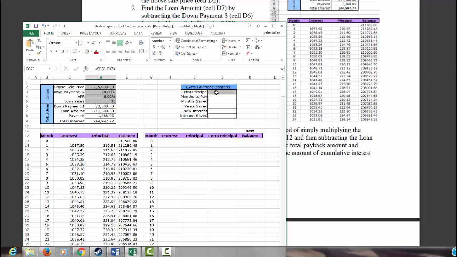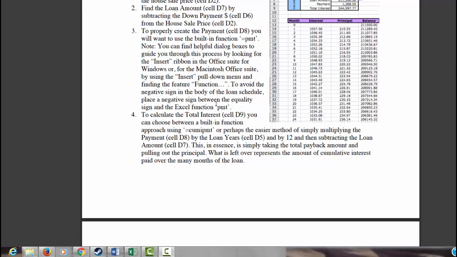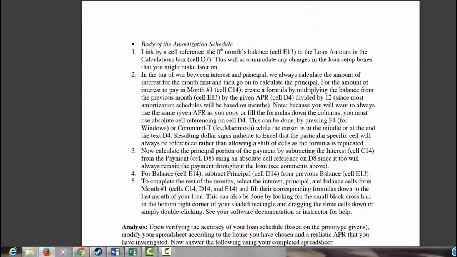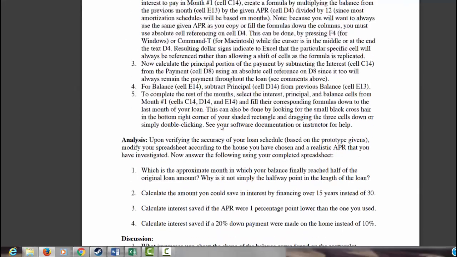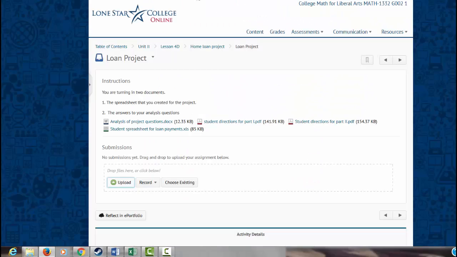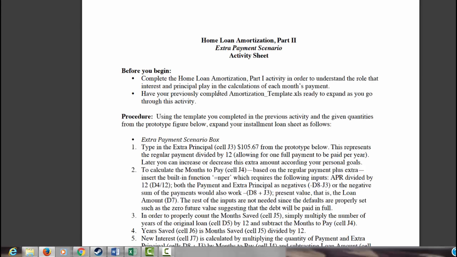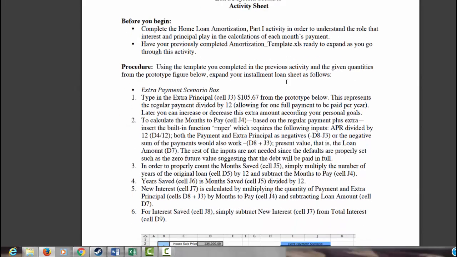That brings us over to this part, extra principal. So I'm going to get another page of directions, page 2. It says complete part 1, which we did, yay.